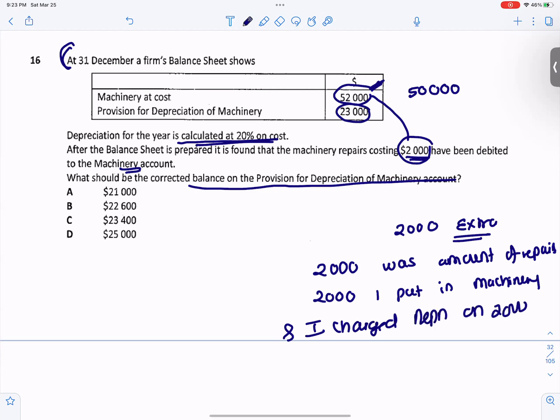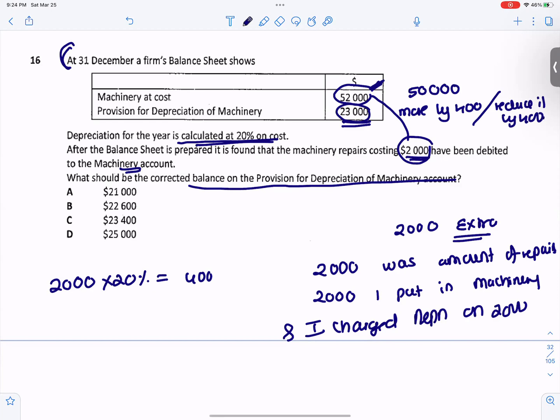So what would be the depreciation that I charged on 2,000? 400. So the provision for depreciation is more by 400. So if I'm correcting it, I have to reduce it by 400.